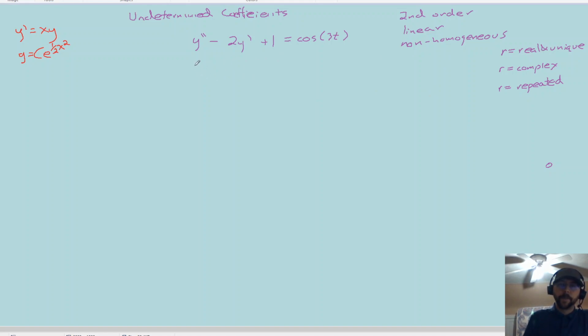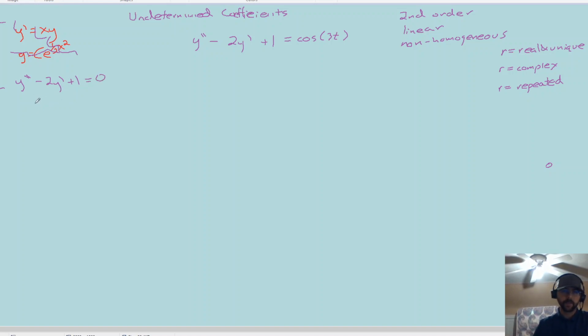So the first step to solving these is to pretend the right side is 0. This is going to take the entire page, so let me get rid of this. I'm never going to use that again. So y double prime minus 2y prime plus 1 equals 0.